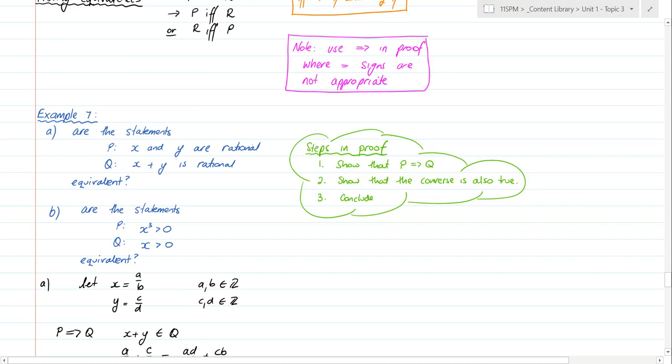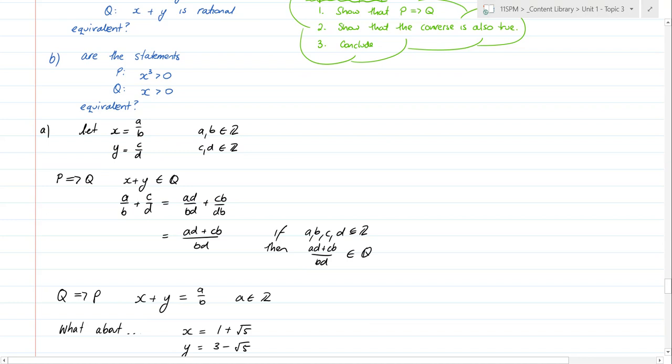I haven't used it yet, but the other class may have seen a triple equals sign. That's an identity, and I will introduce that at some point in my class. But basically that's saying tan theta is identical to sine theta over cos theta for any theta. That's kind of the same thing as equivalency. So for any x or y here, is this true? And we showed that it wasn't. So they're not equivalent.